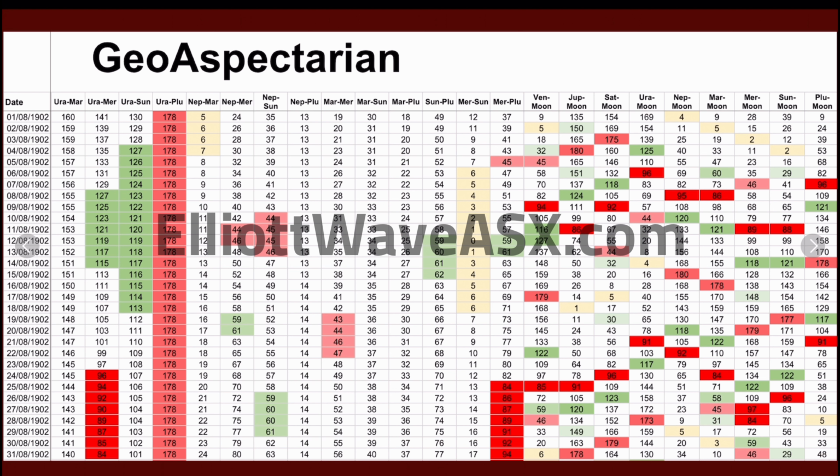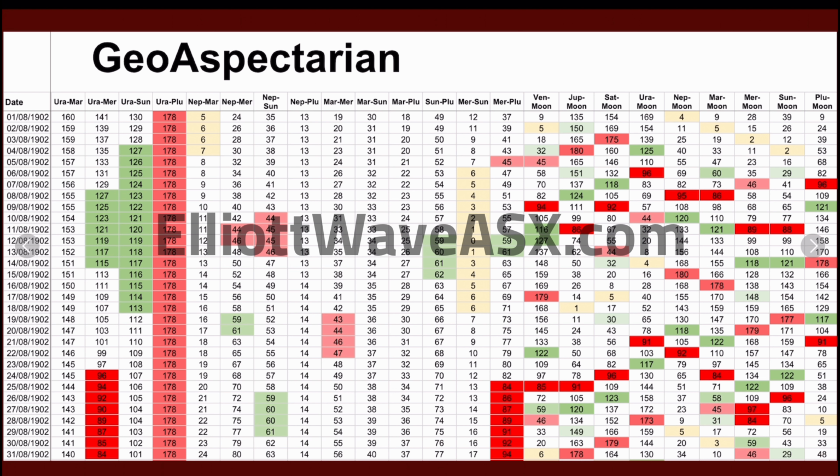And what you can do is you can either scroll through this Aspectarian and look for important combinations, and then look to stock market charts to see if there was any important activity or turns around that time, or indeed you could look at various instruments, stock market, shares, commodities, currencies, etc., find important highs or lows, or indeed large price movements, because it's not always the exact high and low that you need to look for.